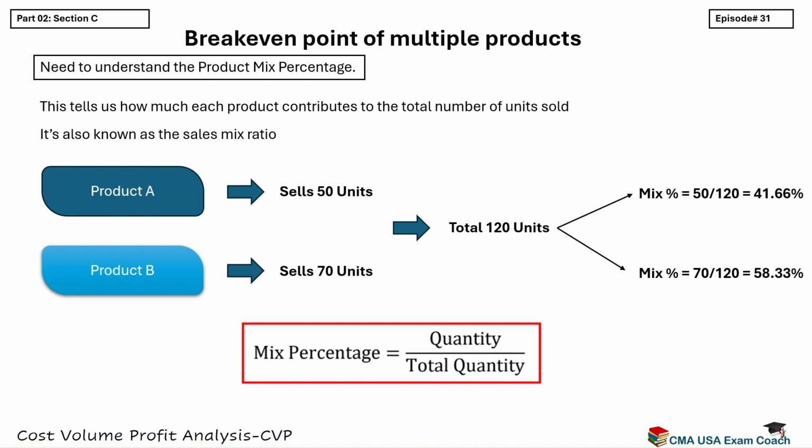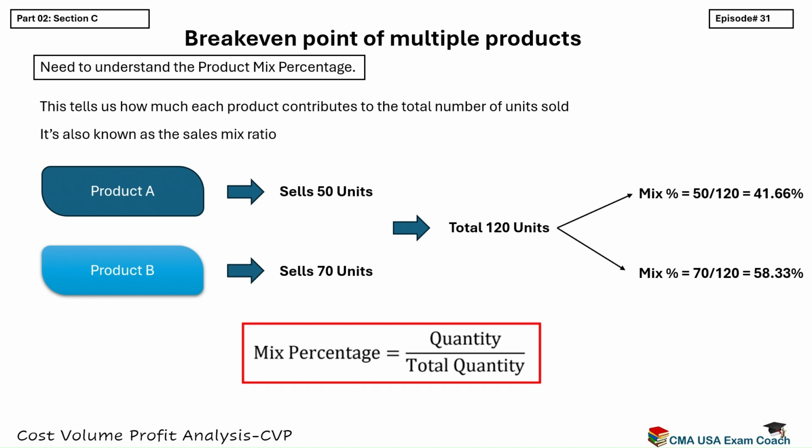Using the formula for Product A, mix percentage equals 50 divided by 120 equals 41.66%. For Product B, mix percentage equals 70 divided by 120 equals 58.33%. This is exactly how we calculated the sales mix or product mix in our earlier example. Understanding the product mix is important because we'll now use these percentages to find the composite contribution margin, which helps in calculating the break-even point for multiple products.